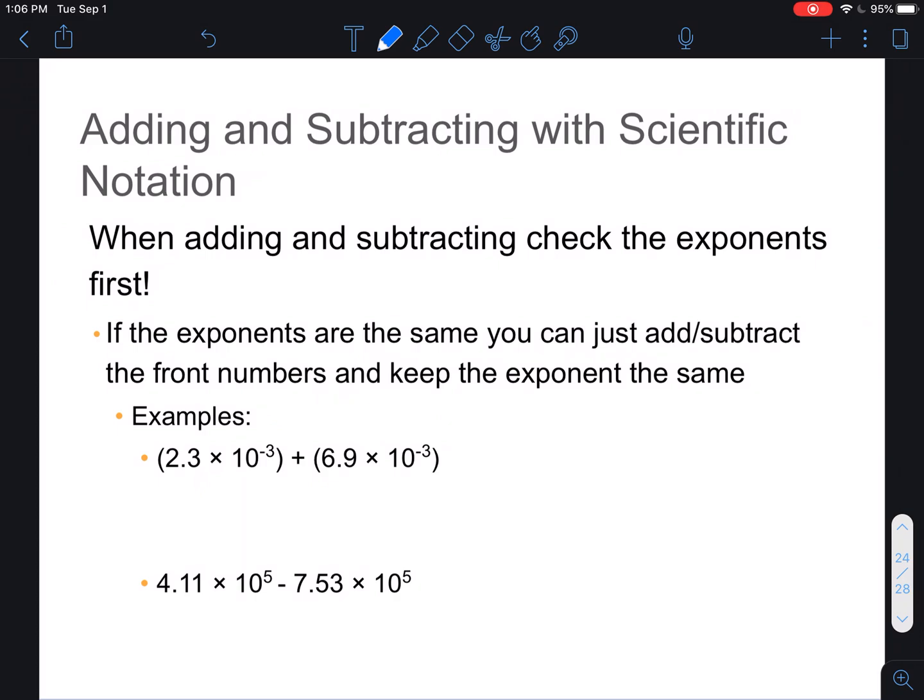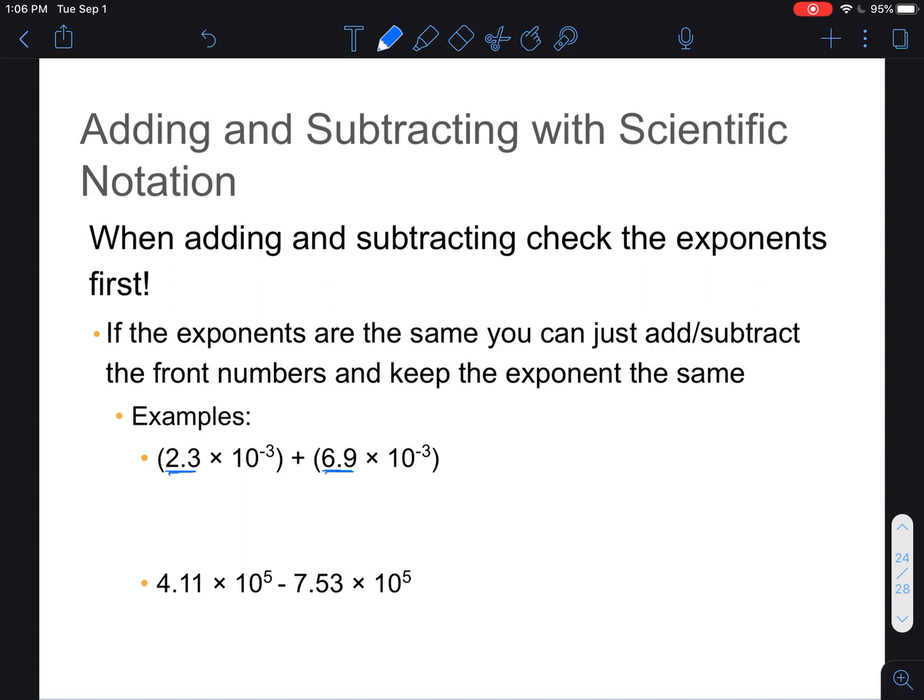Alright, so the first rule. Whenever you're adding and subtracting with numbers that are in scientific notation, the exponents have to be the same, okay? And how this is going to work is the numbers at the start will always follow the operation that is given.